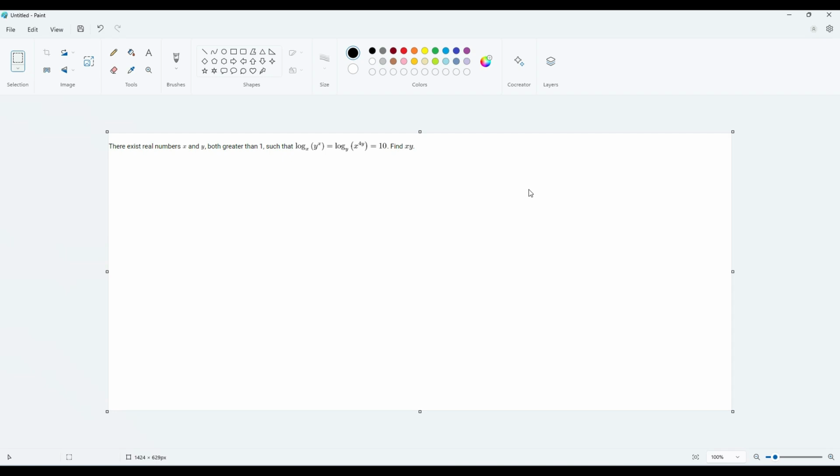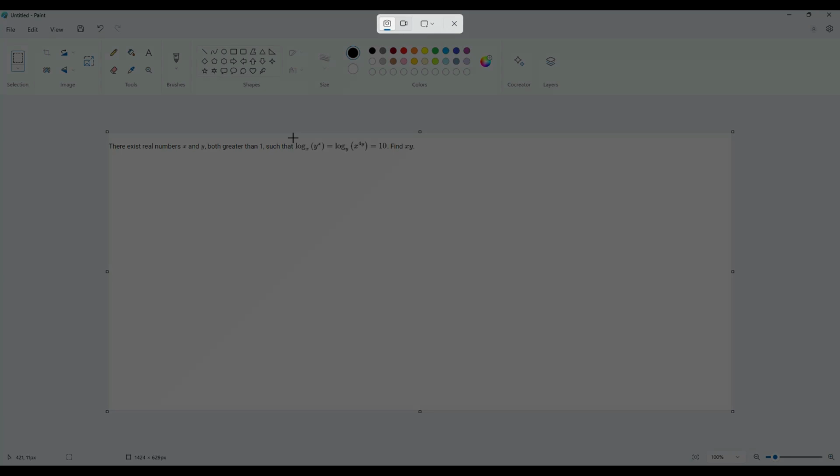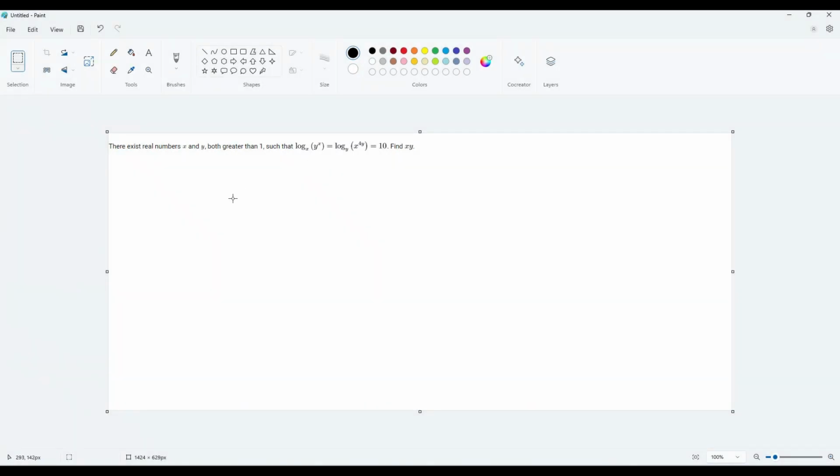One where log x of y to the x is equal to 10, and one where log y of x to the 4y is also equal to 10. So one thing we can do here is just set these up in a way where we have them marked out. So let's first have these equations signified separately.